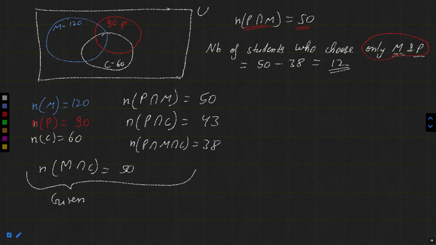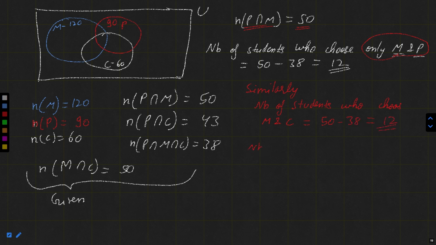So similarly, the number of students who choose math and chemistry only is 50 minus 38, which is once again 12.